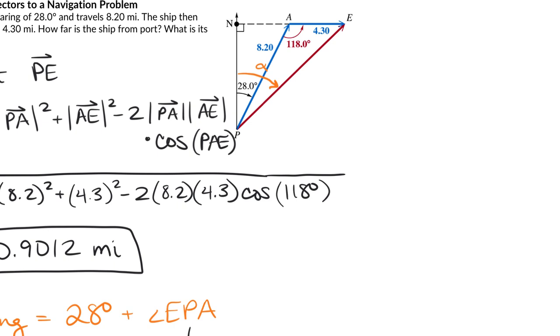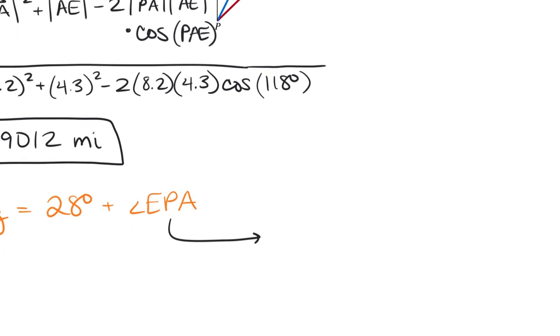What two things do we know that become a pair? Be more specific. PE and A. We know the magnitude of PE, and we know this angle A, which means we have the angle and the side across from it. That's a pair. So we can use the law of sines to find the missing angle that we want.